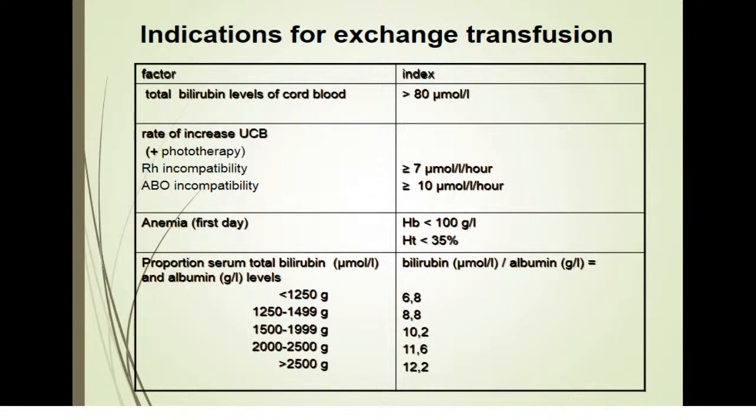They are: total bilirubin levels in umbilical vein more than 80 micromole per liter; rate of increase of bilirubin, how quickly bilirubin increases, in rhesus incompatibility more than 7 micromole per liter per hour, and in ABO incompatibility more than 10 micromole per liter per hour; anemia in the first day with hemoglobin less than 100 grams per liter; and the proportion between serum total bilirubin and albumin.